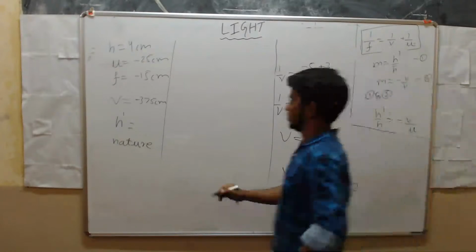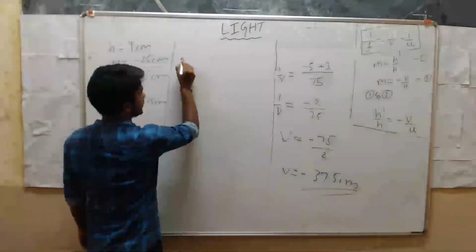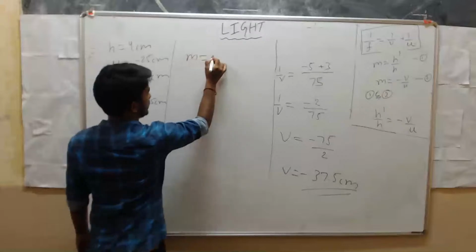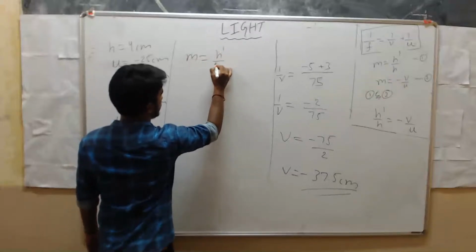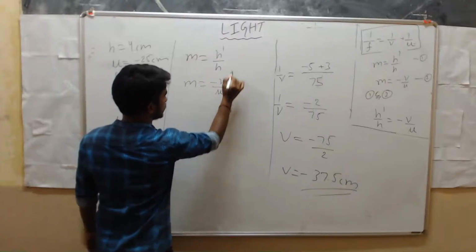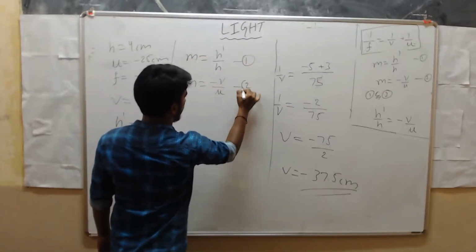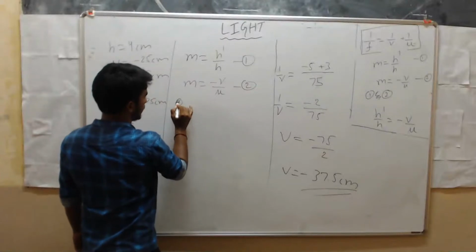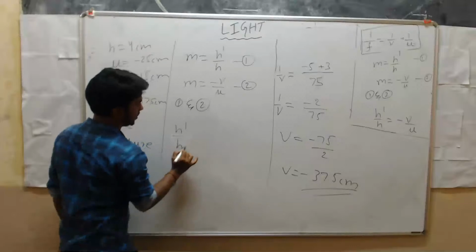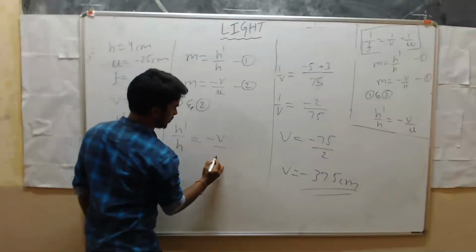So h dash by h, and m equal to minus v by u. Combining equations 1 and 2, we get h dash by h equal to minus v by u.